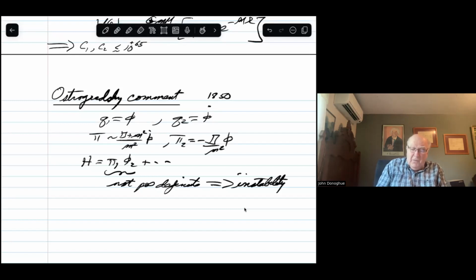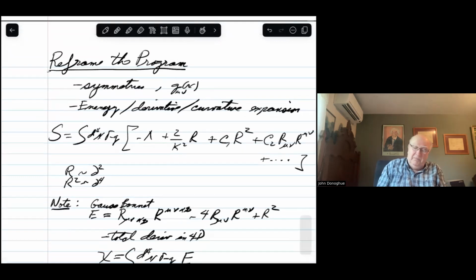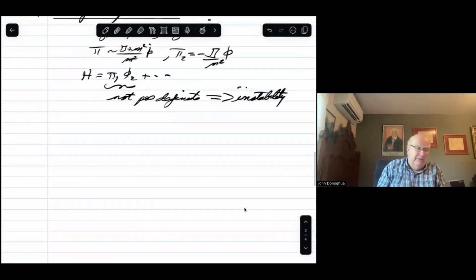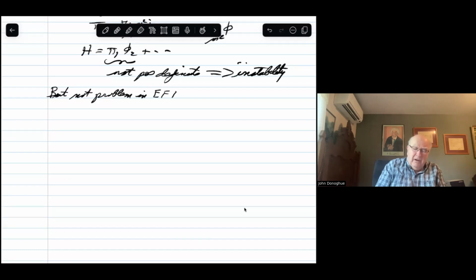So this is the calculational origin of the argument against higher derivatives in a field theory. Higher time derivatives is really what it amounts to. And these theories, when you have R squared terms, you have higher time derivatives. However, we've already seen that this is not a problem for effective field theory. It's a problem if you are probing the theory at high energies.